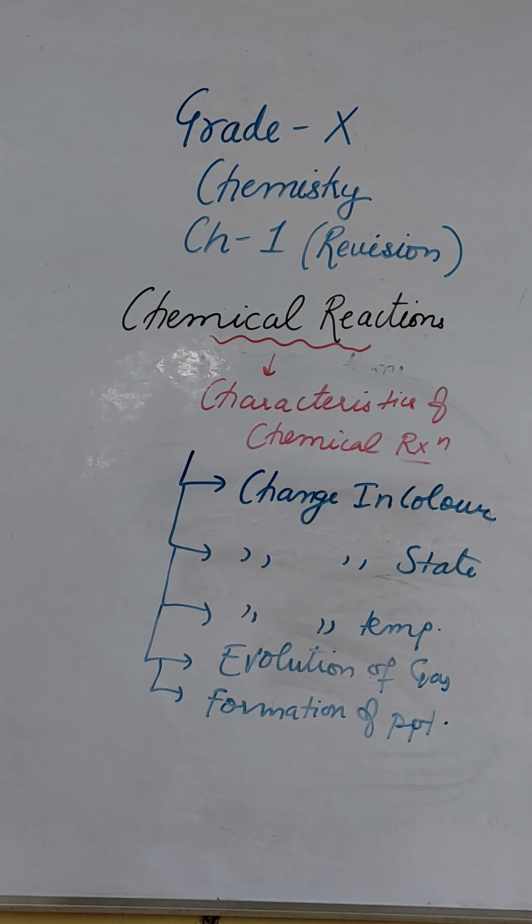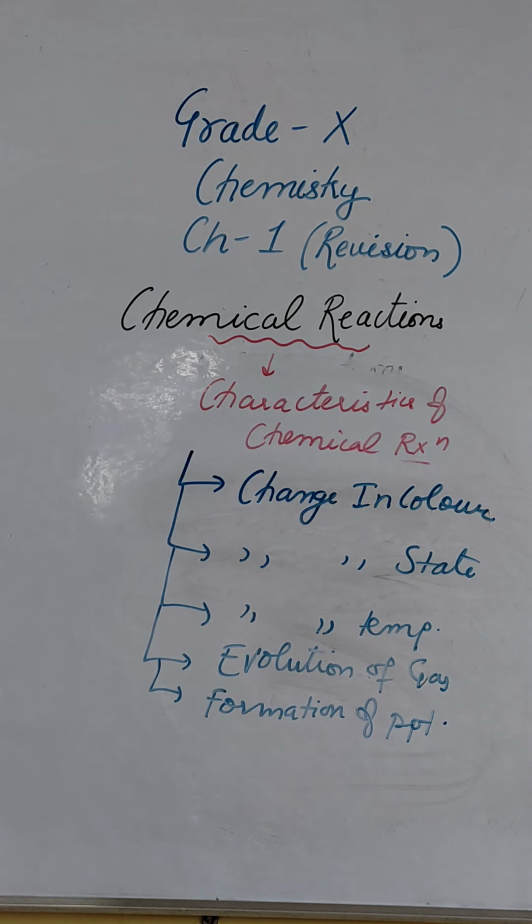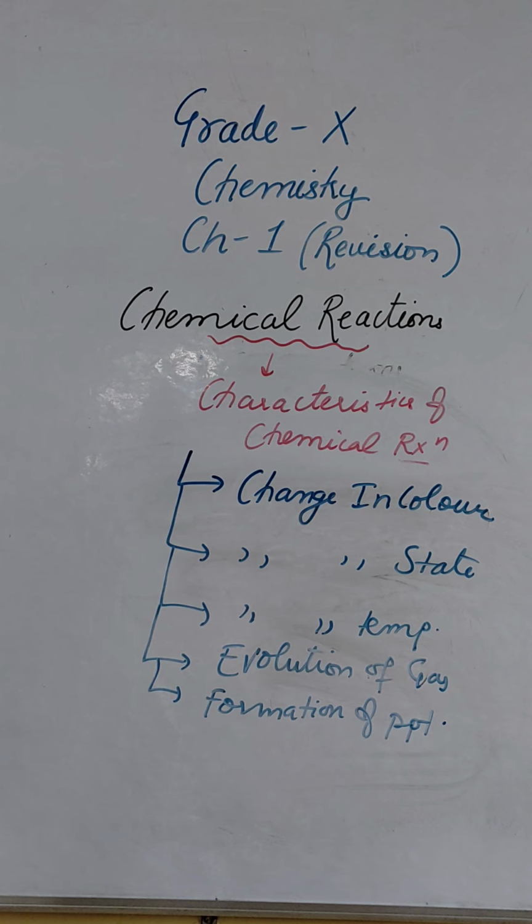First, some reactions are accompanied by change in color. In some reactions, the color change from reactant to products takes place, so you can say that a chemical reaction has occurred. In some reactions, there is a change in state, that is from solid to liquid, liquid to gas, or vice versa.